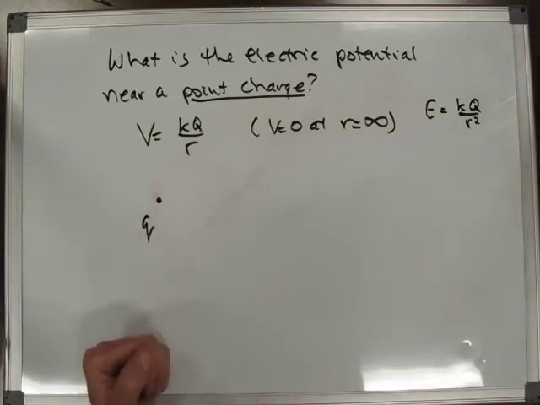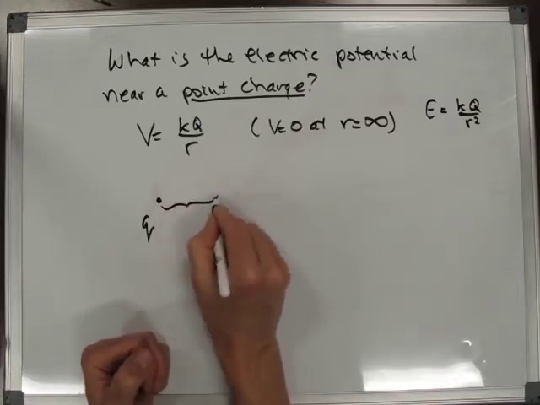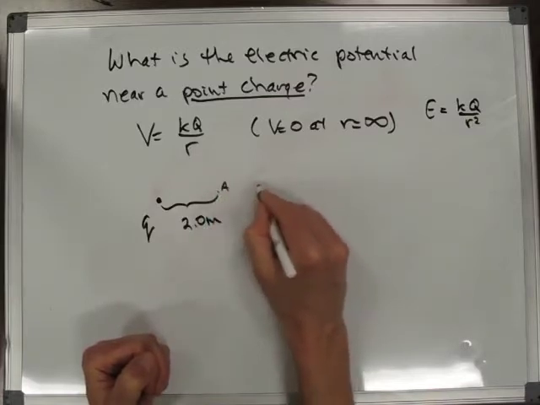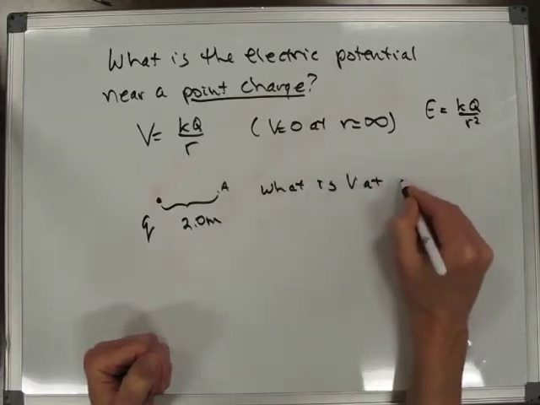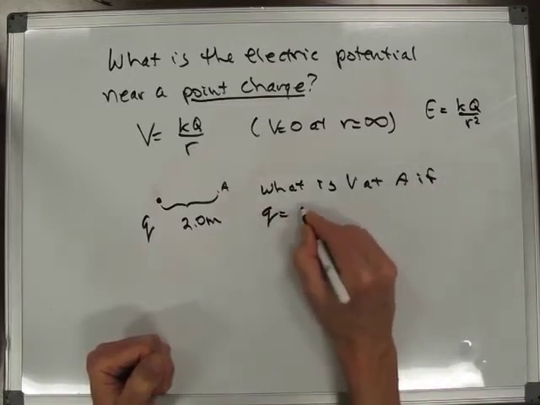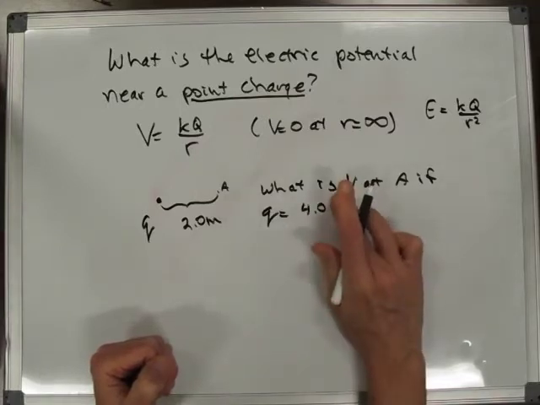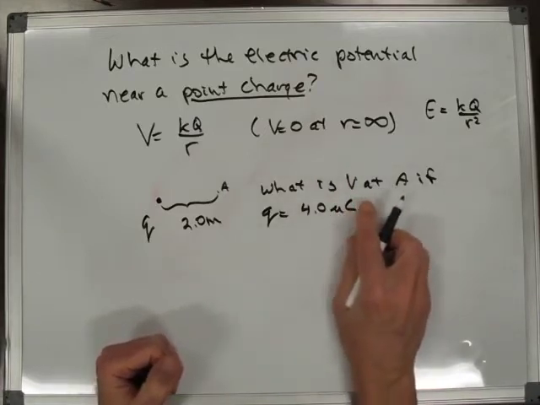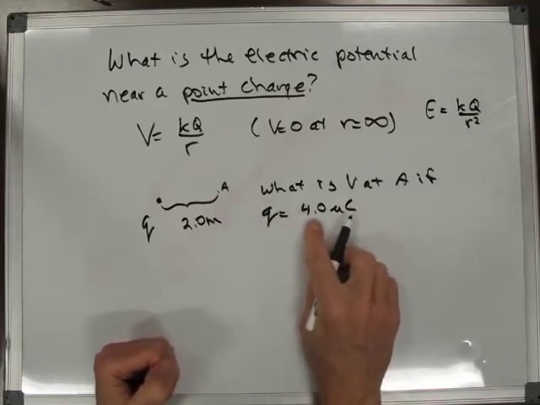So if I have a charge q here, suppose I have a distance of 2.0 meters. This is my point A. So what's the electric potential at point A if the charge is 4 microcoulombs?